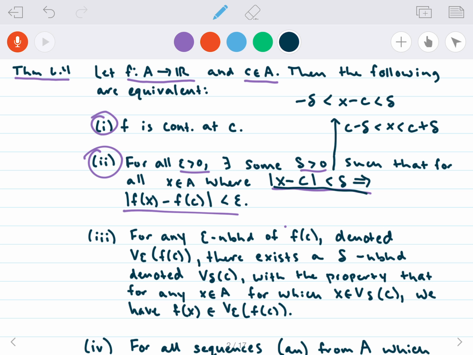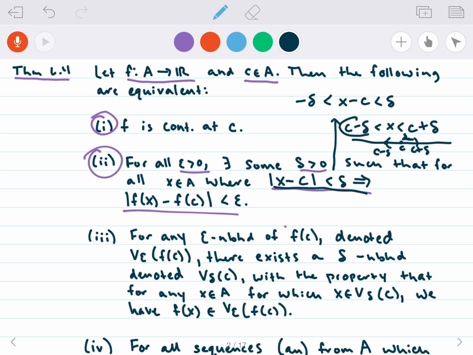Okay, so if we draw this picture out, here's the delta neighborhood centered at C. So here's C and C plus delta, so this is going to be a distance of delta right here. This endpoint is C plus delta, and this is C minus delta.